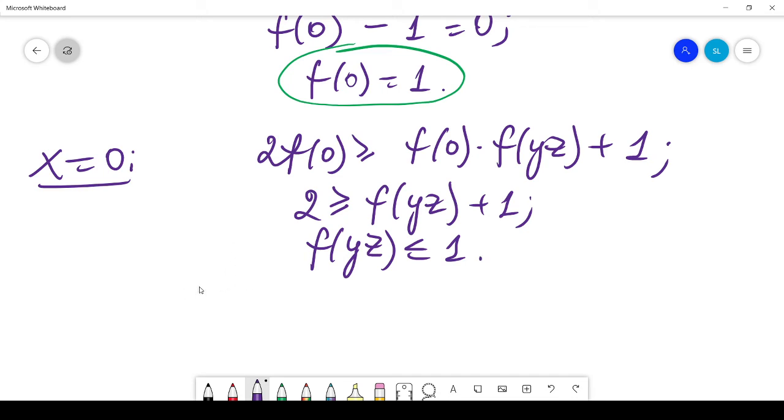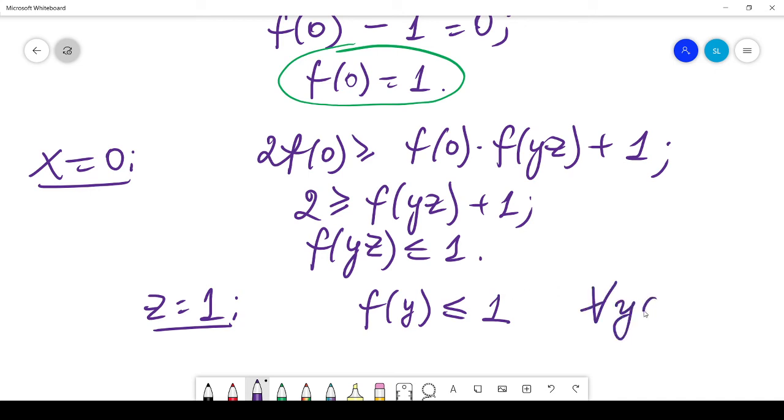Now let's plug in, for example, z equals 1, and now we have f of y is less than or equal to 1. And notice that y can be literally every number, so this holds for every y.